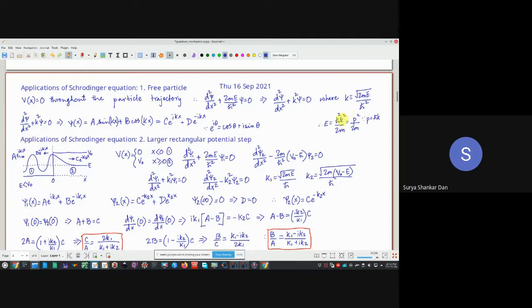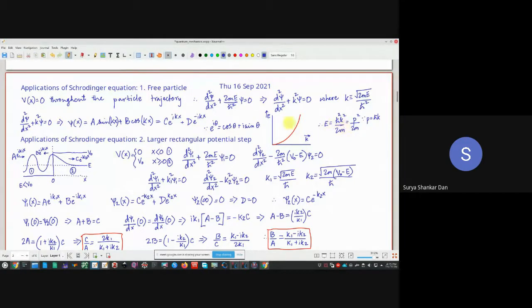Now this relation, if you notice, we said that k squared is equal to twice mE by ħ squared. So that will essentially give you this kind of curve. If we want to plot this, what will be the nature of this curve? If you notice, this is going to be a parabola. It's very simple. So this is your E going up, and this is your K going on the right hand side.